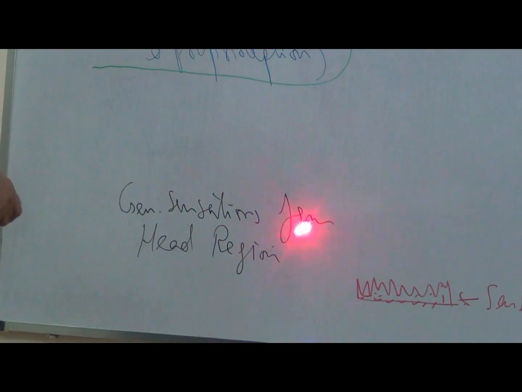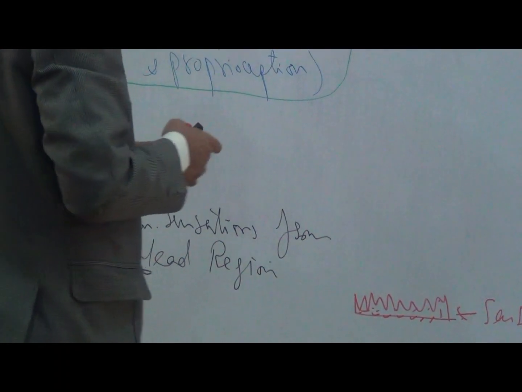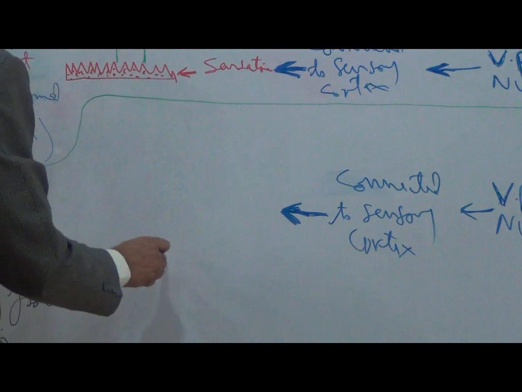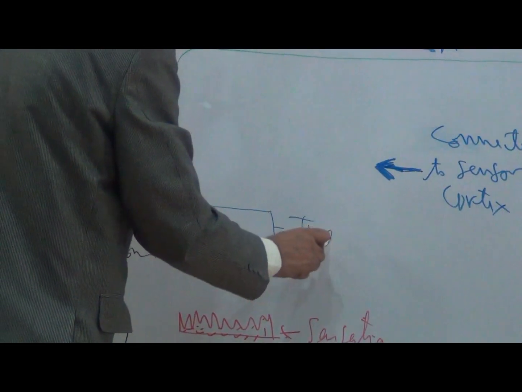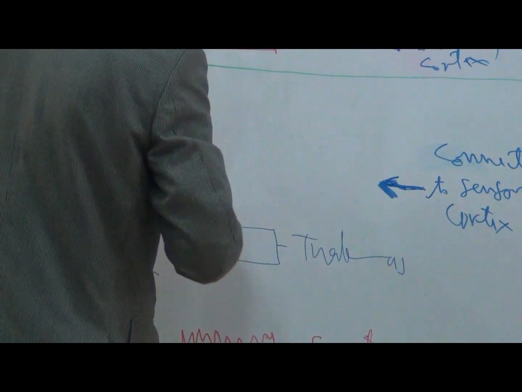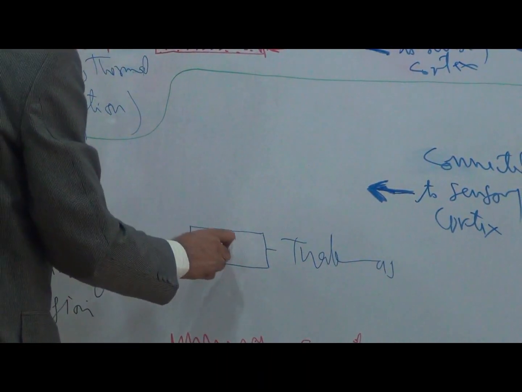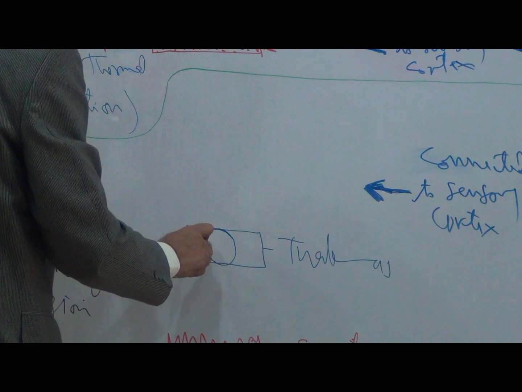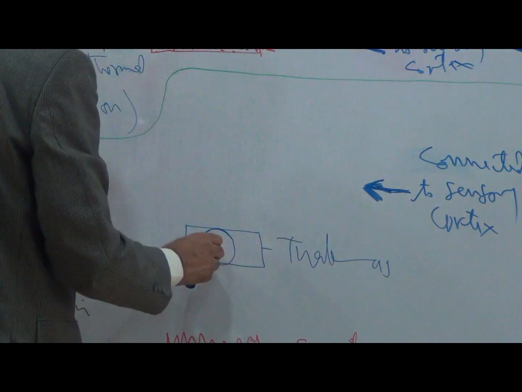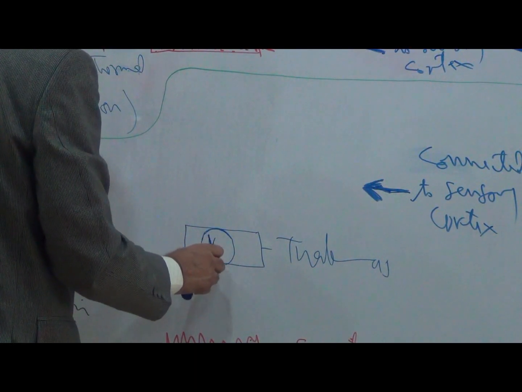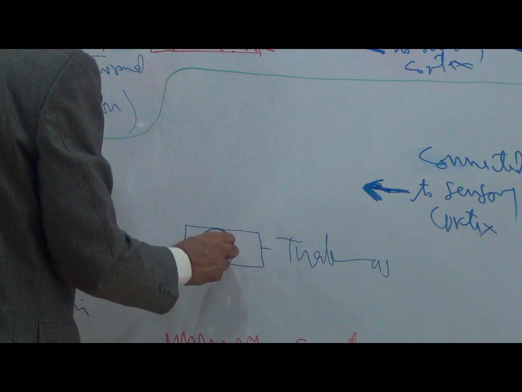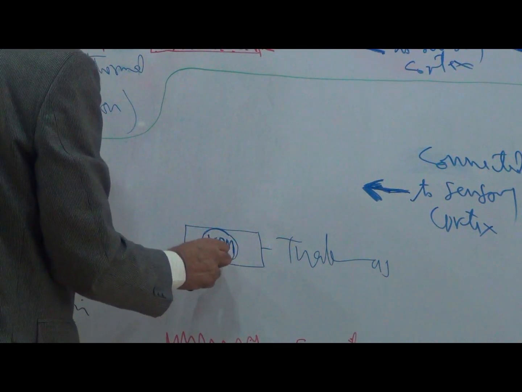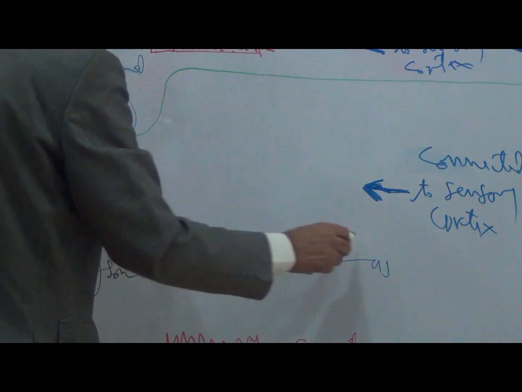The general sensation from the head region is carried again to the thalamus. Which nucleus? Ventral posterior medial nucleus of the thalamus.